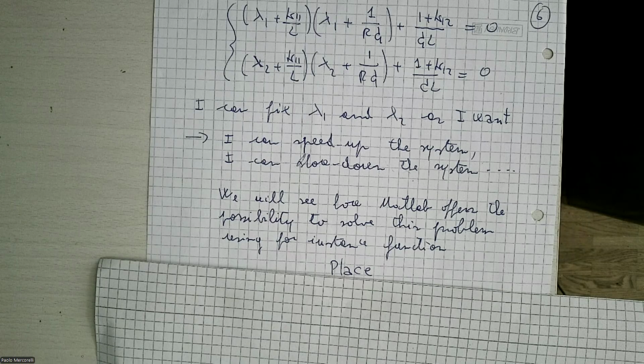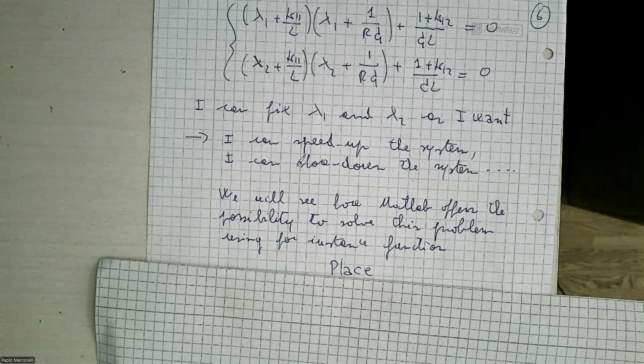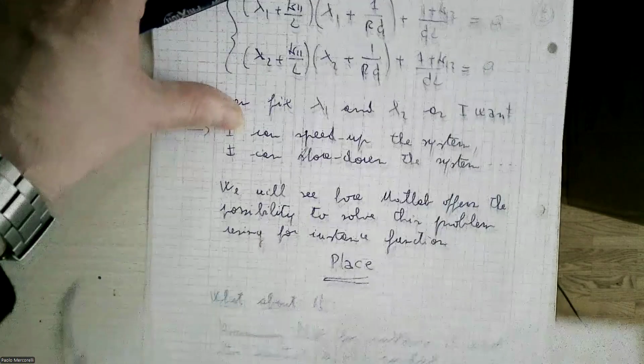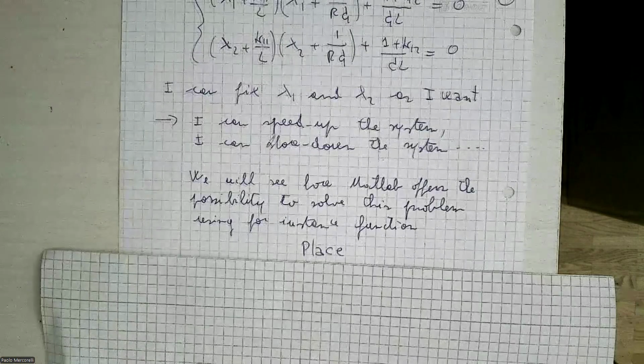Now, the dynamics is a little bit complex because the dynamics depends on both lambda 1 and lambda 2, but typically we can approximate, I don't know if you remember, the concept of dominant eigenvalues. I don't know if I wrote something here. No, I didn't write it, but I have it later, but I anticipate.